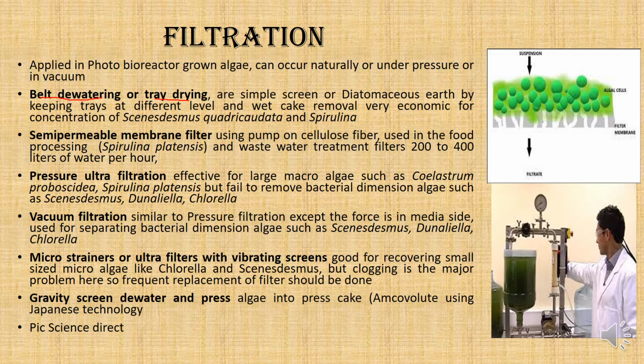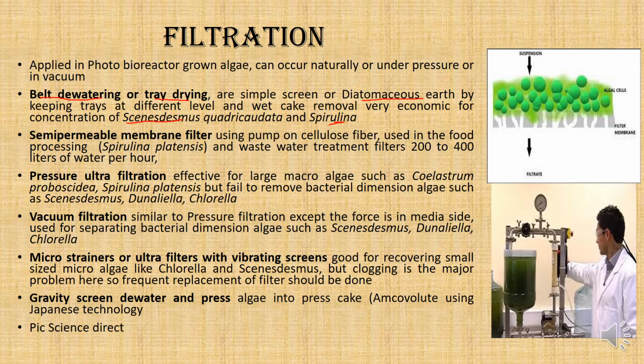The first filtration material was just a textile filter, and later it was replaced by a filter with diatomaceous earth. In fact, very small sized microalgae like Scenedesmus were filtered, and even spirulina was filtered using this technique.